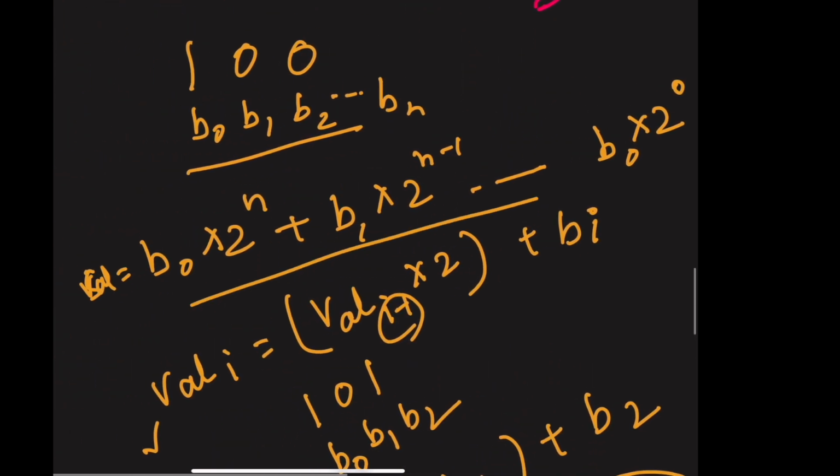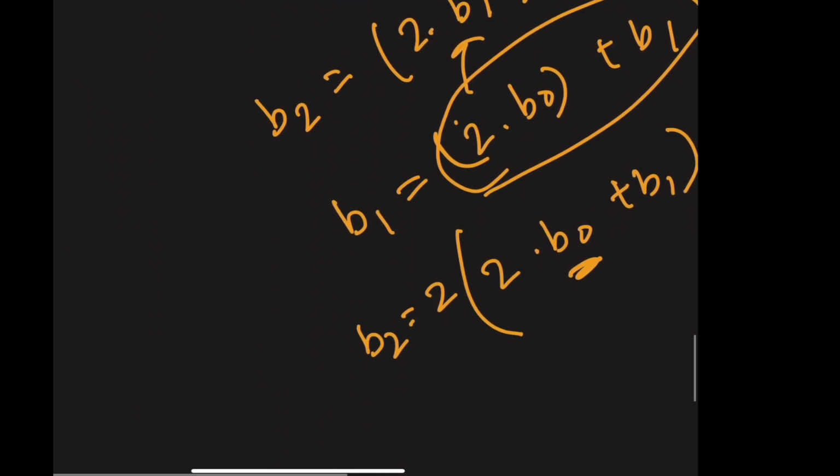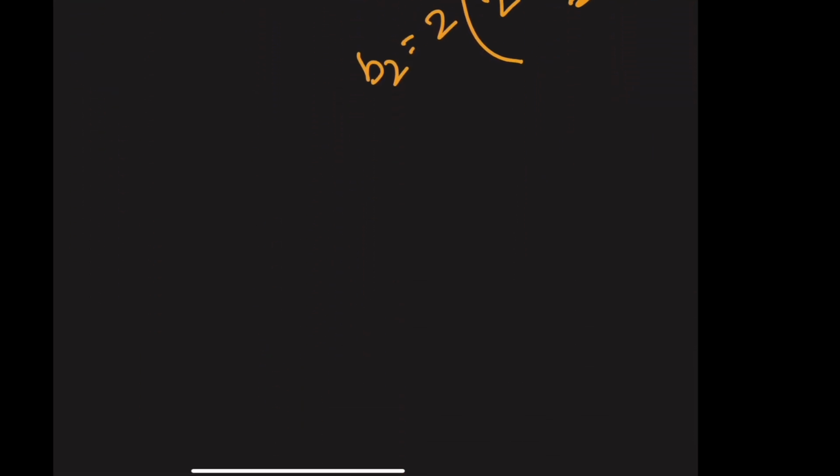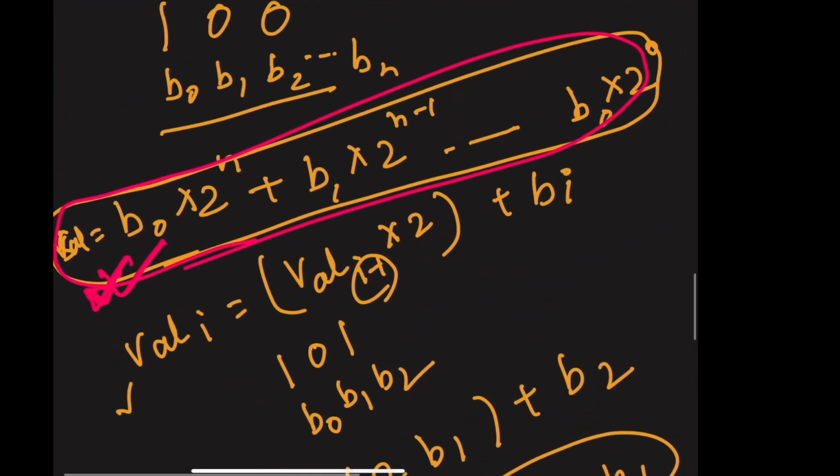So mathematically it comes to this, and that's how this works. If you need to remember, whenever we multiply our existing sum by 2 and add the current bit to it, it gives us the decimal value of that number system. Now we can go back to our code.